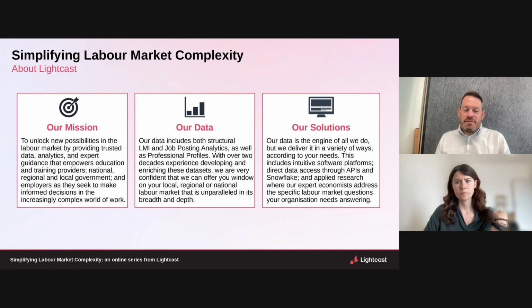Job postings derived data helps us understand what employers are seeking in the labor market as they recruit talent, but we also look at professional profiles as people describe themselves in the labor market, as a contextual view of labor supply and availability as well. And we do that through the wonders of data structure and taxonomies, which we're going to dive into shortly.